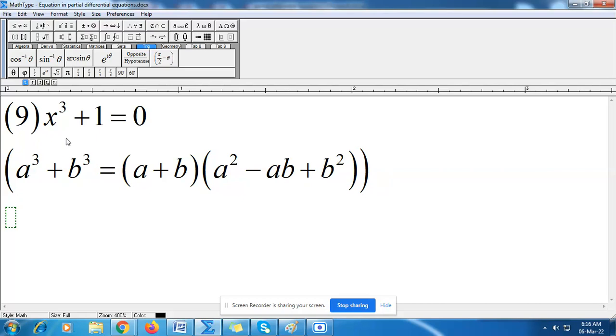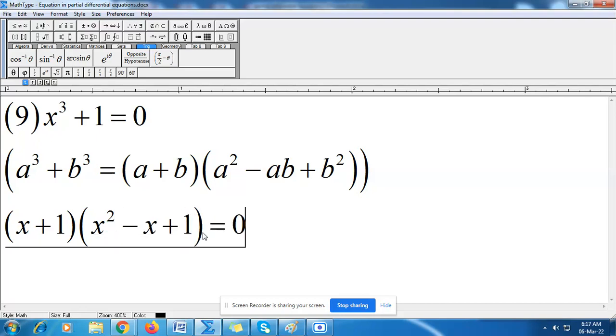Okay. So here a is x and b is 1. So we write this as x plus 1, okay, and x square minus x plus 1 is equivalent to 0.